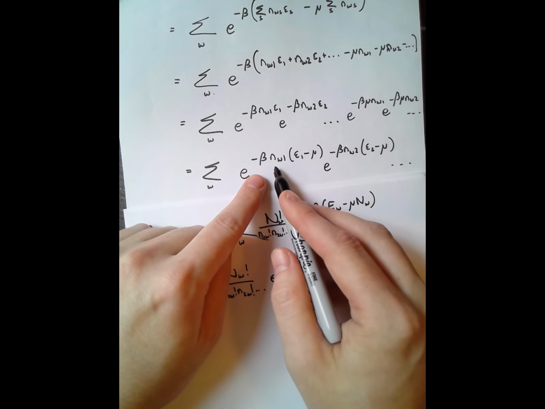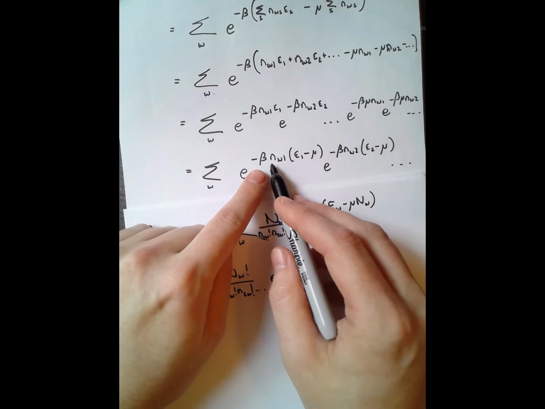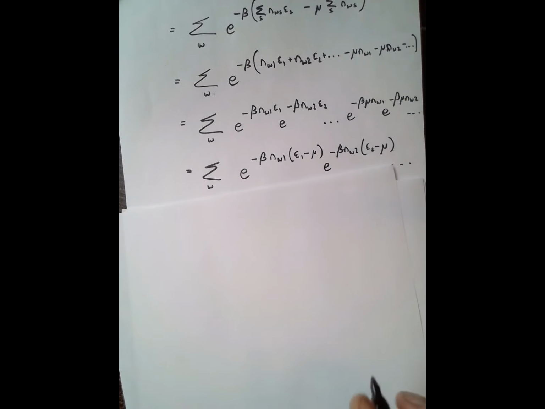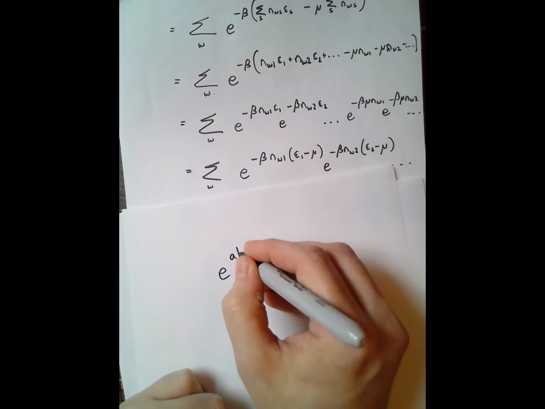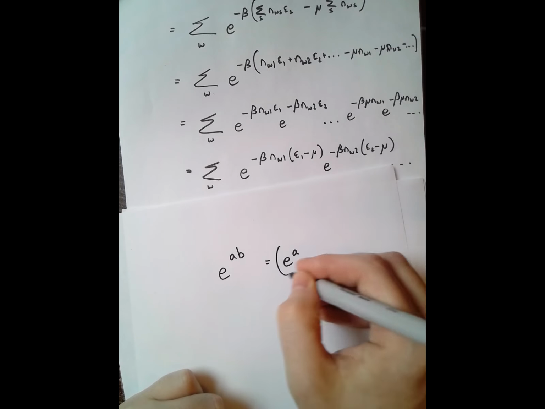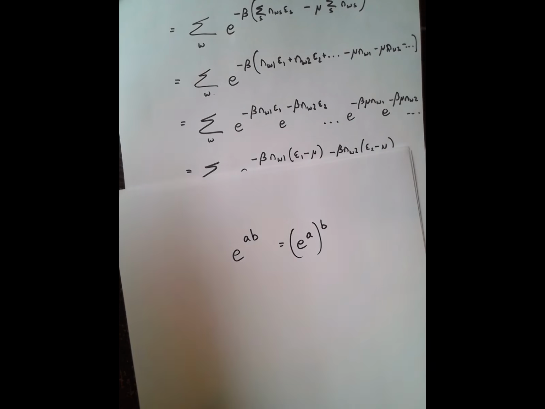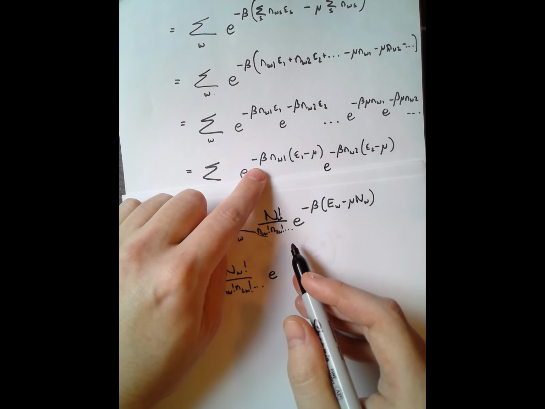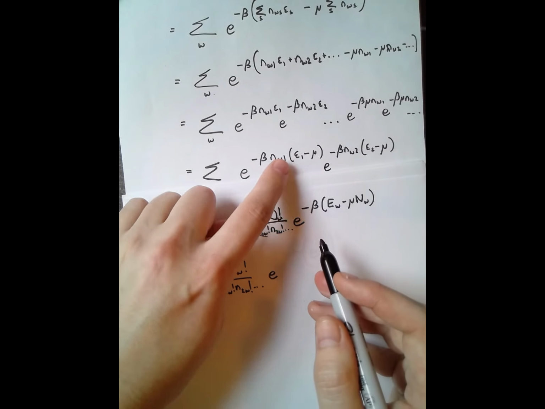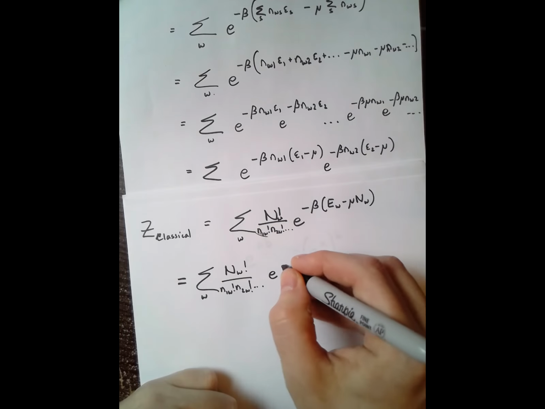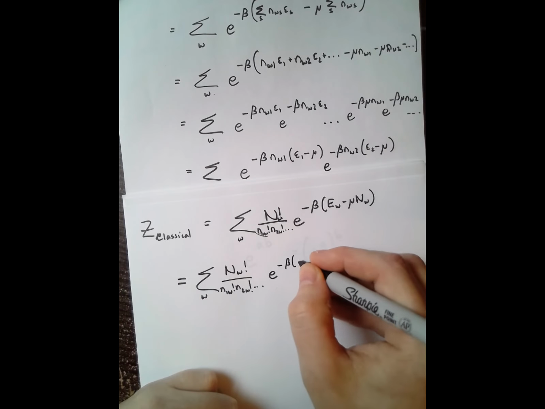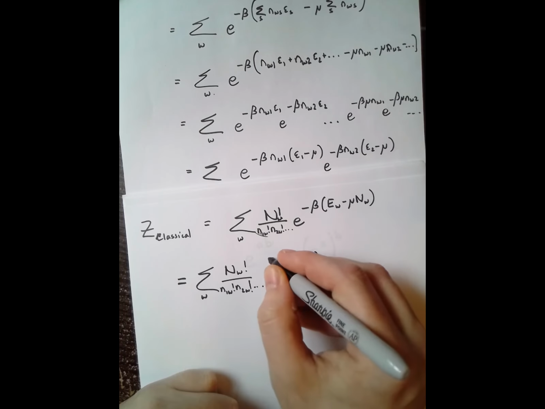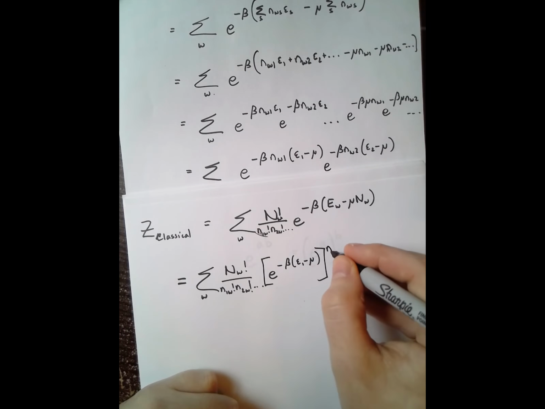I'm going to use another little trick here. I'm going to use the fact that e to the a times b is equal to e to the a raised to the power of b. So e to the minus beta epsilon 1 minus mu times nw1 is e to the minus beta epsilon 1 minus mu raised to the power of nw1.